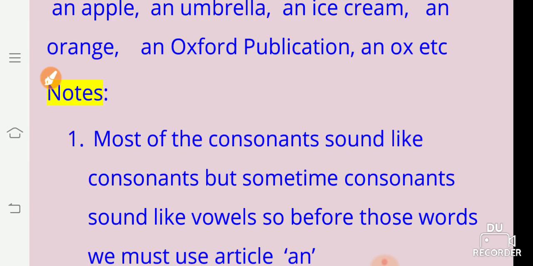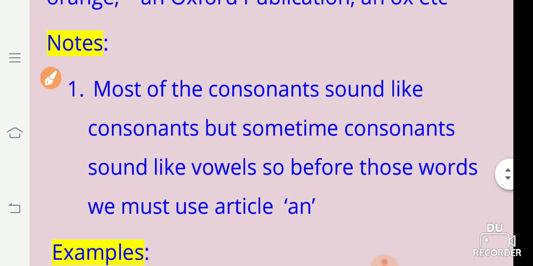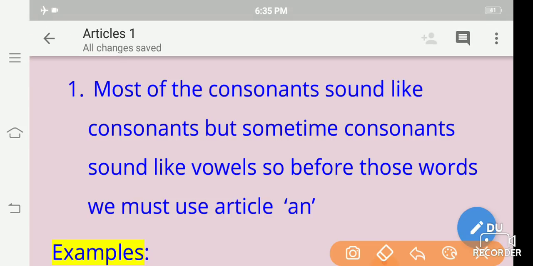Vowel letters sound like vowels, but there are some consonants which sound like vowels, friends. When the word sounds like a vowel, we have to use an. Okay, let us go through note number 1. Most of the consonants sound like consonants, there is no doubt in that.